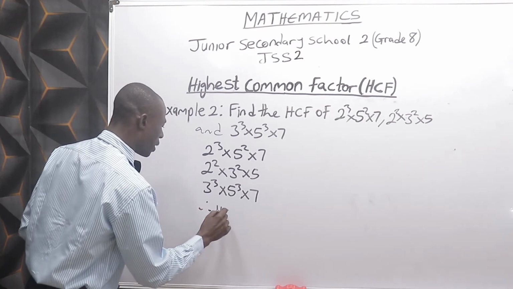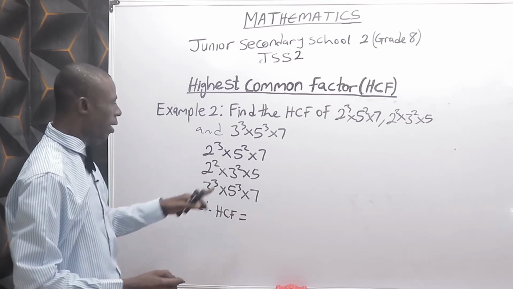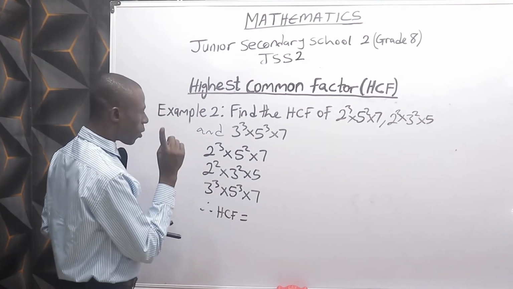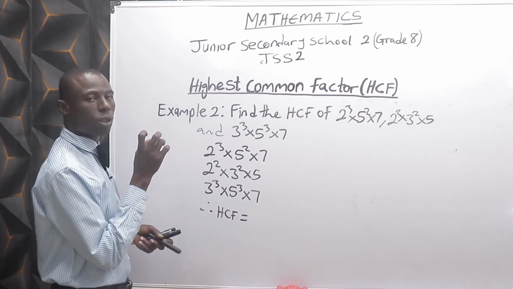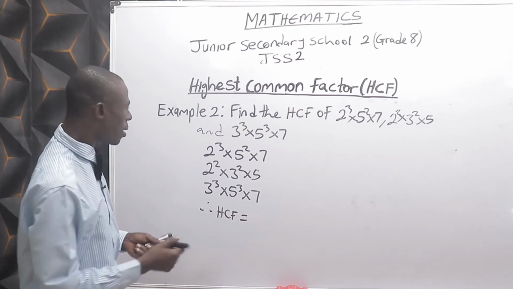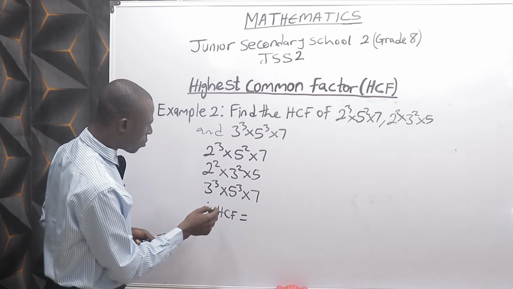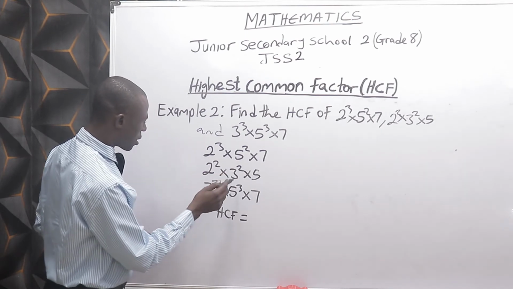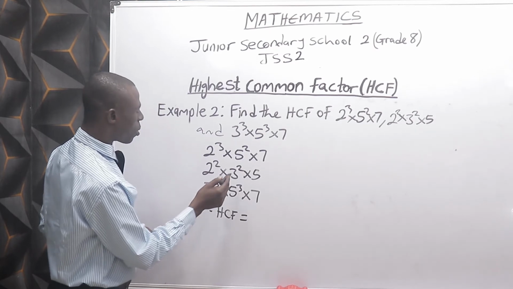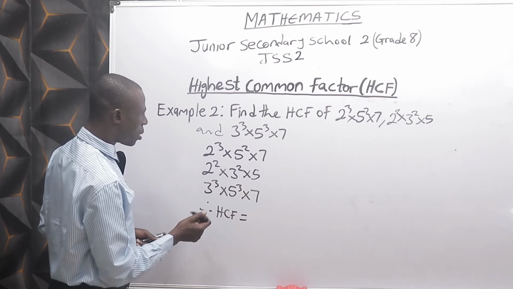Therefore, the HCF of these 3 expressions is, don't forget, the product of all the common factors in their lowest power. 2 is not common to them. 2 is only in the first and second, it is not common. 3 is not common. 3 as a factor is in the last and the middle one.